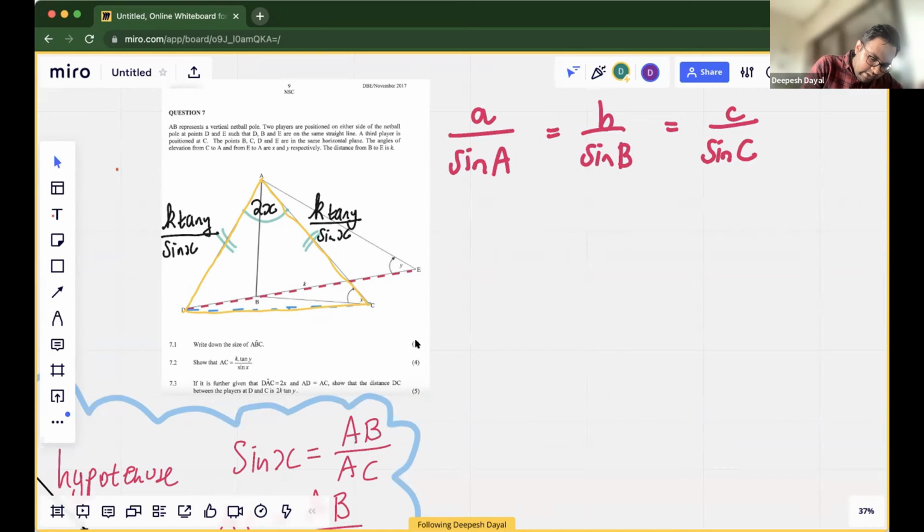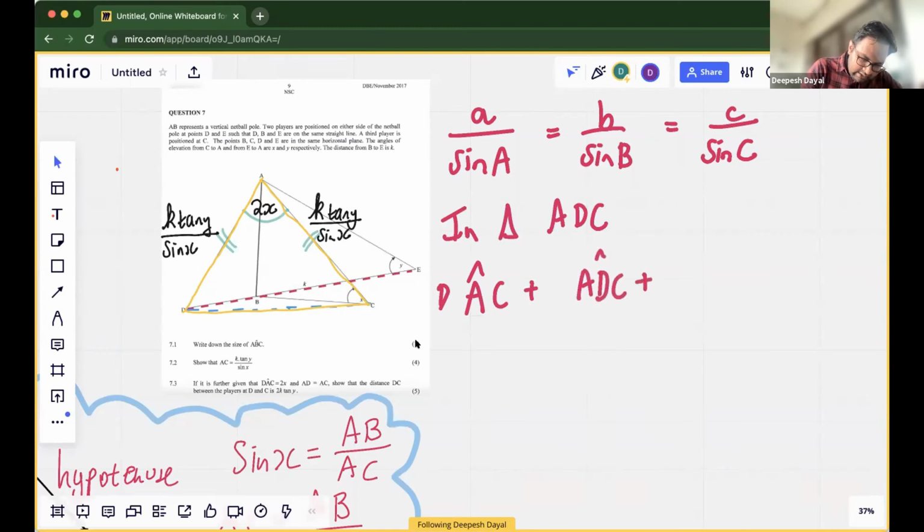So in triangle ADC, I'm going to say angle DAC plus ADC plus ACD equals 180 degrees because it's angles of a triangle, right?